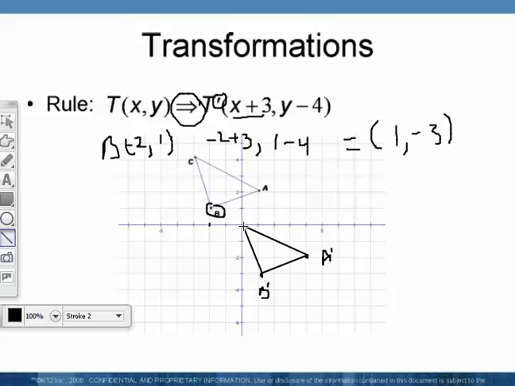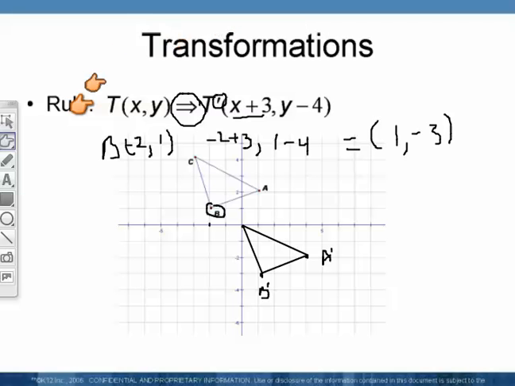I transformed that triangle using this rule right here. It's really an easy activity to do because once I find a point, all I've got to do is add 3 onto the x or subtract 4 from the y, or whatever rule they give me to use for that particular transformation. It's an easy rule to use.